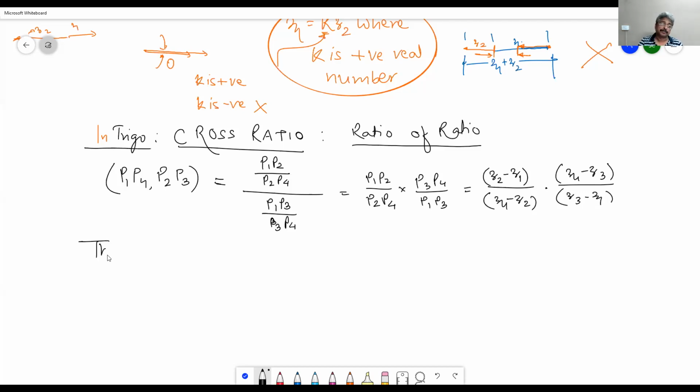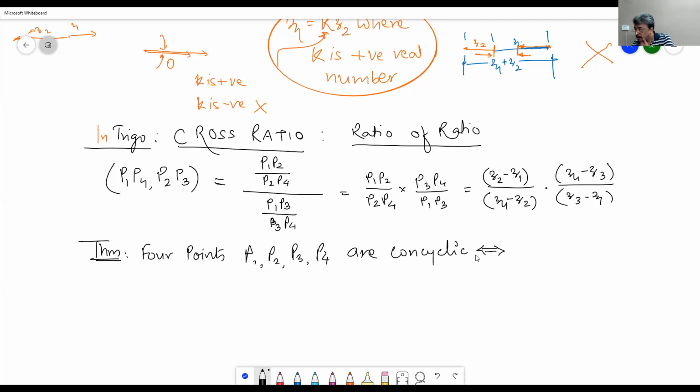Theorem. Four points P1, P2, P3, P4 are concyclic if and only if the cross ratio of these points is a real number.